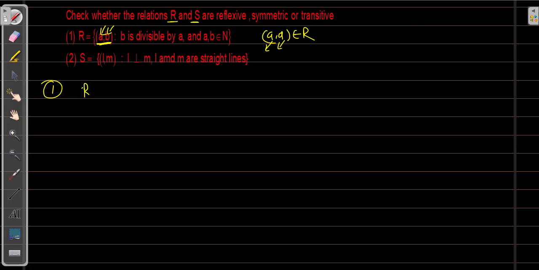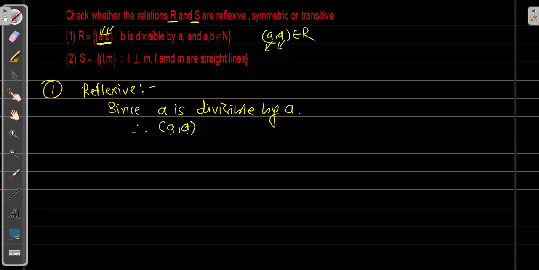Therefore, the relation will be reflexive. So, how will you write that the relation is reflexive? Since A is divisible by A, the ordered pair (A, A), where the second element is divisible by the first element, is in the relation R. Since (A, A) belongs to R, therefore R is reflexive.